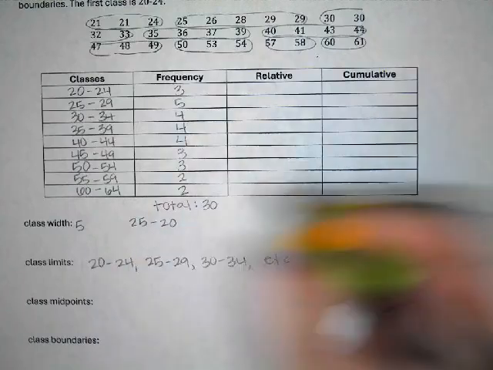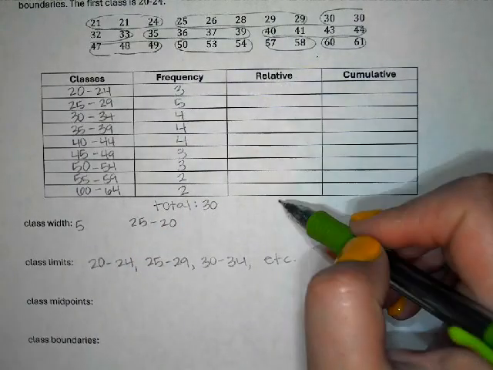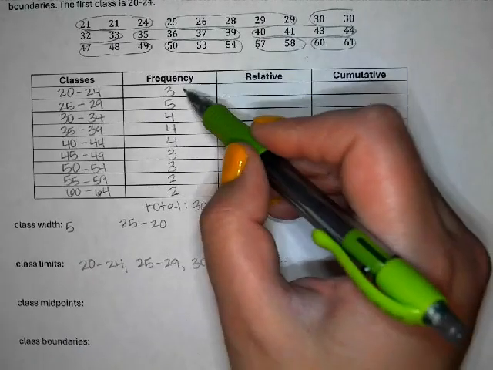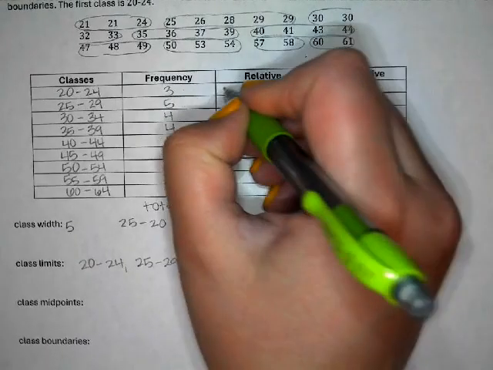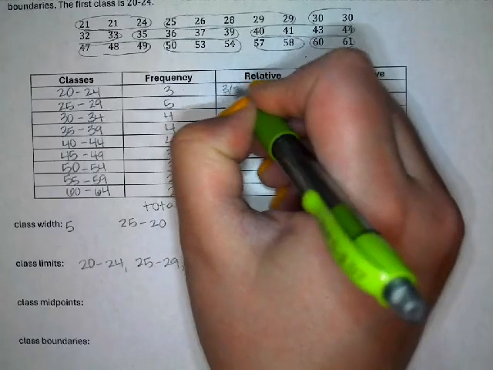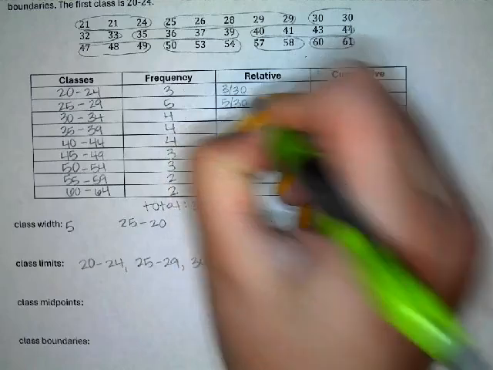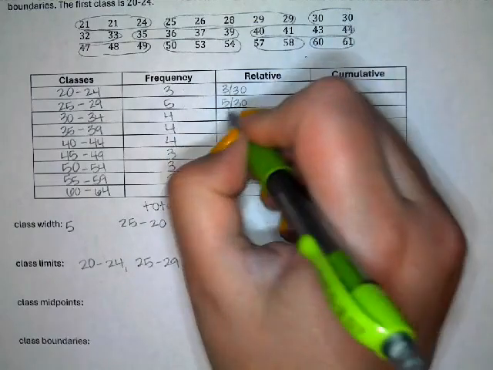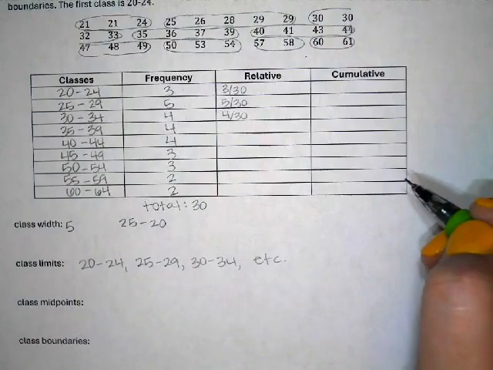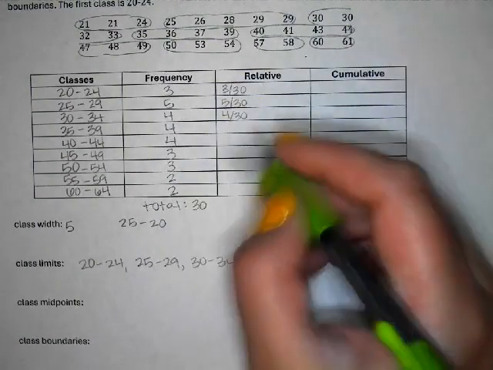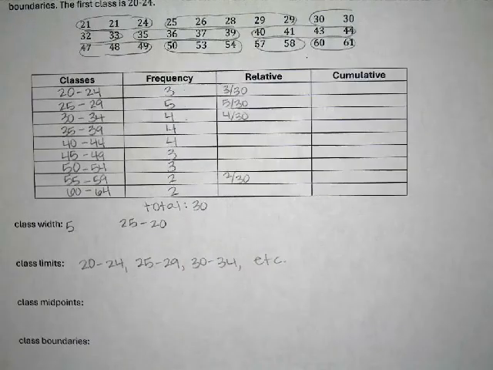And so this is saying what percentage of the whole falls in this class, falls in that class. So this one would be 3 out of 30 data points, 5 out of 30 data points. Now these aren't percentages, so we're going to have to actually do some math in a second. 4 out of 30 data points, 3 out of 30 data points, 2 out of 30 data points. So we're going to have to type these into our calculators and see what percentage those are.